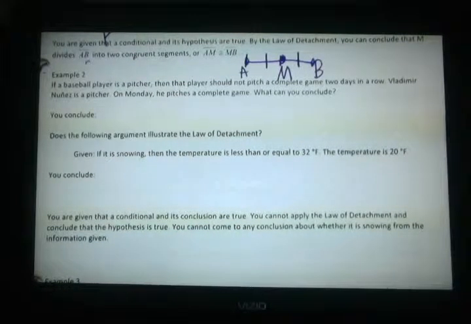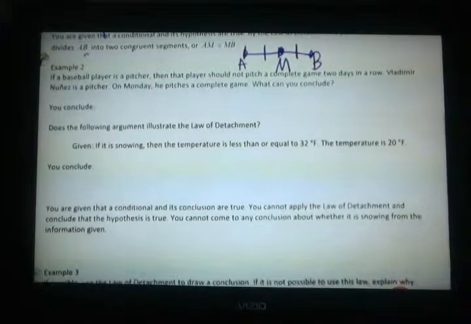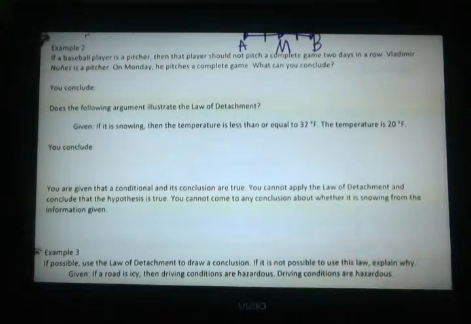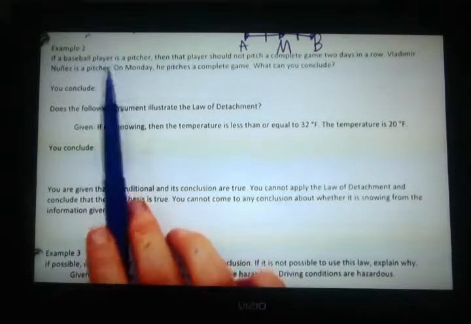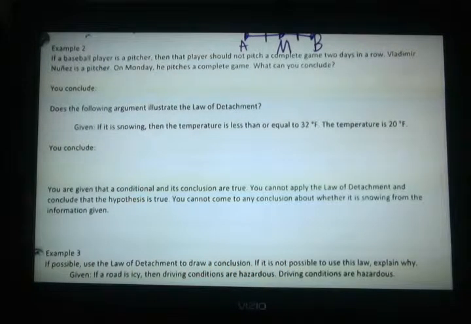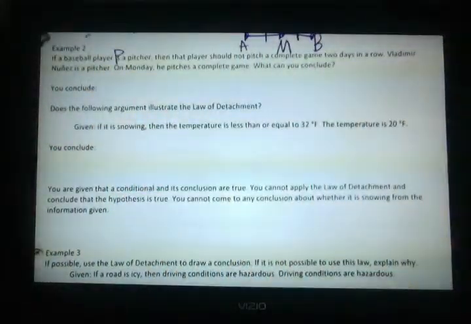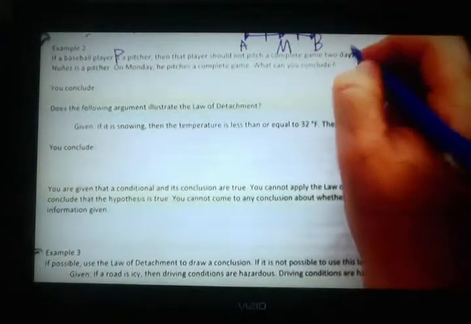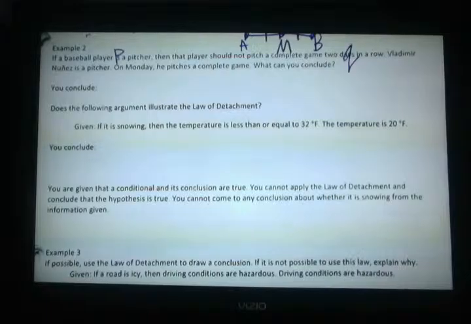Okay, so let's look at an example with baseball. So, if a baseball player is a pitcher, then that player should not pitch a complete game 2 days in a row. So if P, baseball player is a pitcher, then Q, they should not pitch 2 complete games in a row. Okay, so Vladimir Nunez is a pitcher. On Monday, he pitches a complete game. What can you conclude?